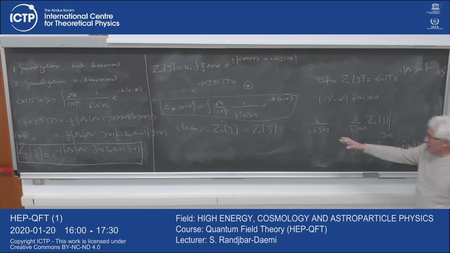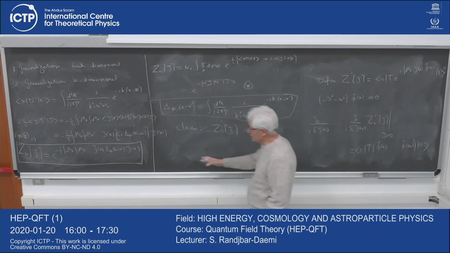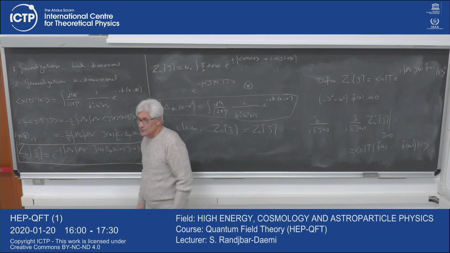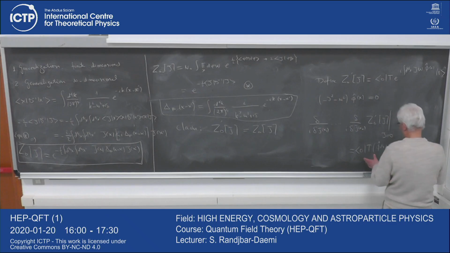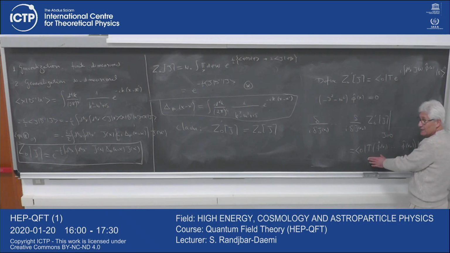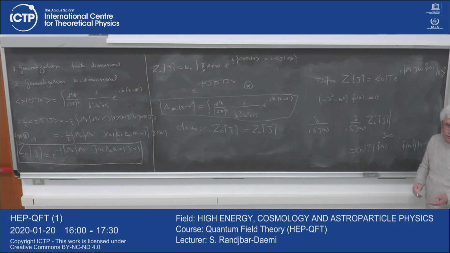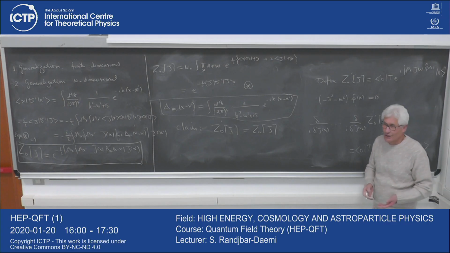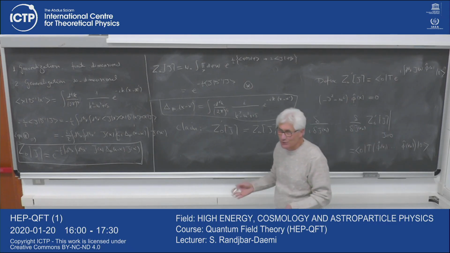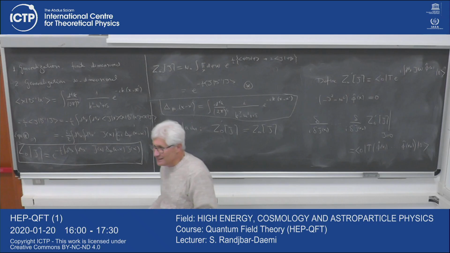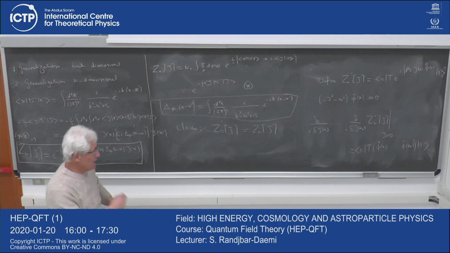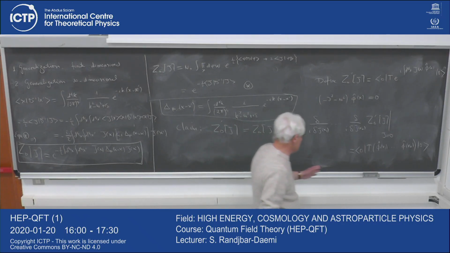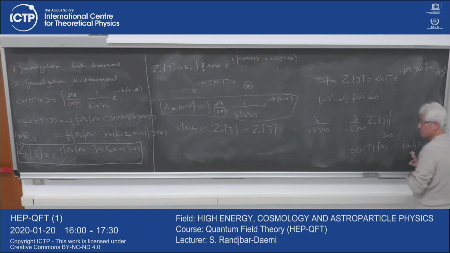Because we know what Z of J is as a functional of J. It's a Gaussian. So this relation is telling you that in order to obtain the n-point function of a free Klein-Gordon field, all you need to do is just differentiate the Gaussian of J and set J equal to 0 at the end. Okay? So it tells you how to calculate these matrix elements for any n. That's the reason why this is useful.